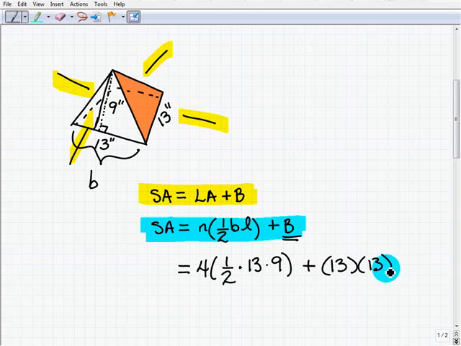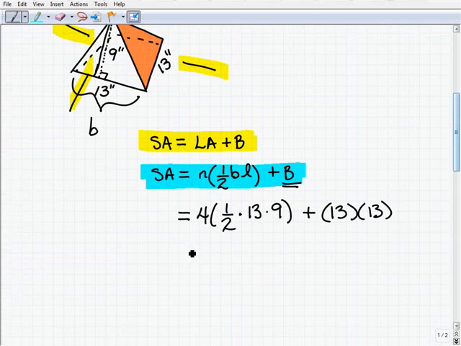So here is our entire formula set up with our actual numbers. So go ahead and take a moment and work through the calculations, and I'll do the same. So the first part, I'm getting 2 times 13 times 9, that's 234, plus 13 squared, or 13 times 13, is 169.